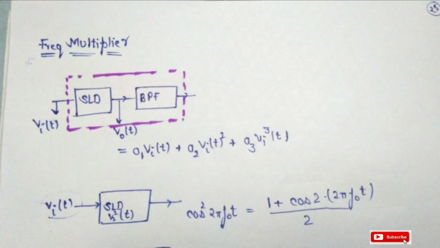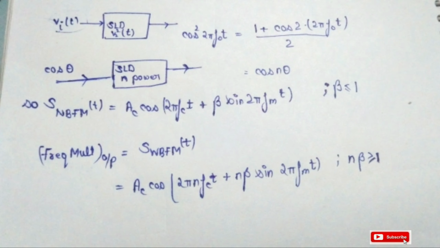Then cos square theta is 1 plus cos 2 theta by 2. So cos square 2 pi f naught t is 1 plus cos 2 into 2 pi f naught t by 2. And we know that this resultant signal is passed through the band pass filter, and the band pass filter cancels out the DC term, which is half. So the resultant is cos 2 pi f naught t.